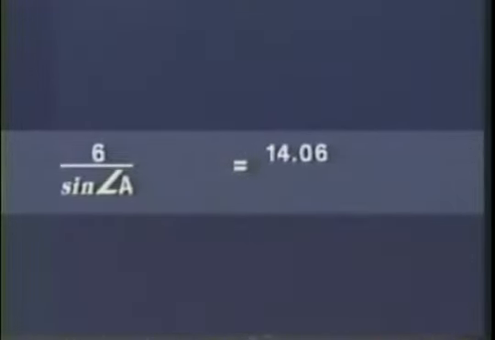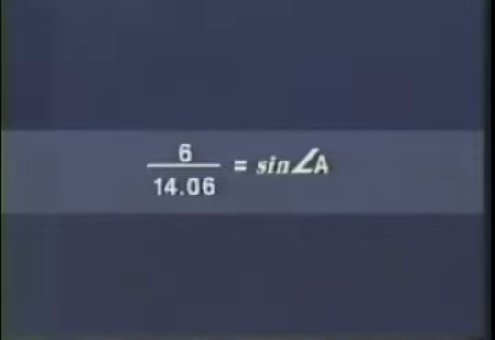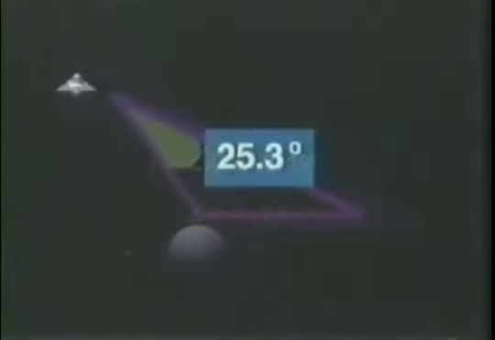Multiplying both sides by sine A, and then dividing both sides by 14.06, we get 6 over 14.06 equals sine A. Simplifying the left side and rearranging the equation, sine A equals 0.427. Angle A, then, equals 25.3 degrees.